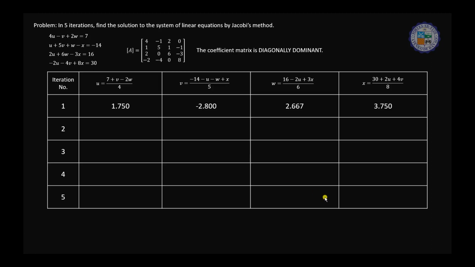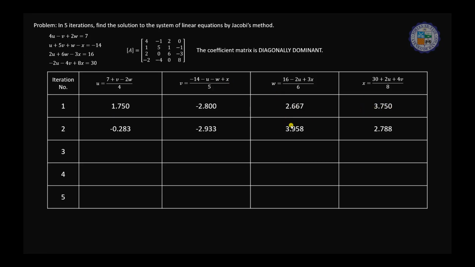We find that the new values are negative 0.283 for u, negative 2.933 for v, 3.958 for w, and 2.788 for x. This negative 0.283, we got when we set v equal to negative 2.8 and w equal to 2.667. And for v, we got that if we set u equal to 1.75, w equal to 2.667, and x equal to 3.75.